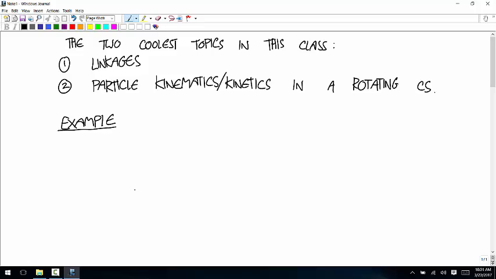So let's say that we have a pin joint connected to the ground, and then two members at angles of 45 degrees connected by a pin. It's not a very good pin. Let's say that each one has a length of 0.5.